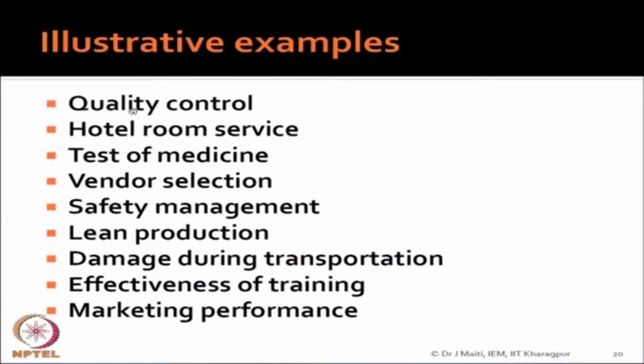Quality control. Any idea about quality control? For example, in the Kharagpur area itself there is Tata Bearings, there is Tata Metaliks. Now, Tata Bearings will produce ball bearings, roller bearings, these components. Now, this component has certain quality features, for example, the dimensions, for example, the strength.